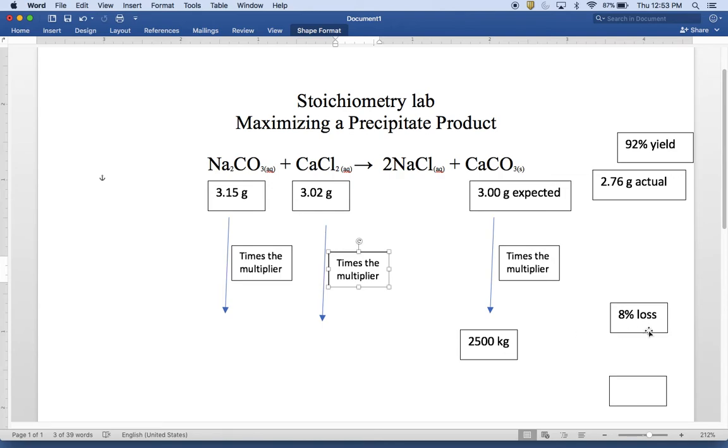So what you need to do is use that 8% loss to add an additional amount of each of the reactants so that you are overshooting in order to accommodate the loss and end up at 2,500 kilograms. So once you get that, then you know how many grams of each it is, and then it becomes a fairly simple calculation of just finding dollar amounts per a certain amount of the reactants. I don't find that students have a lot of trouble with that.